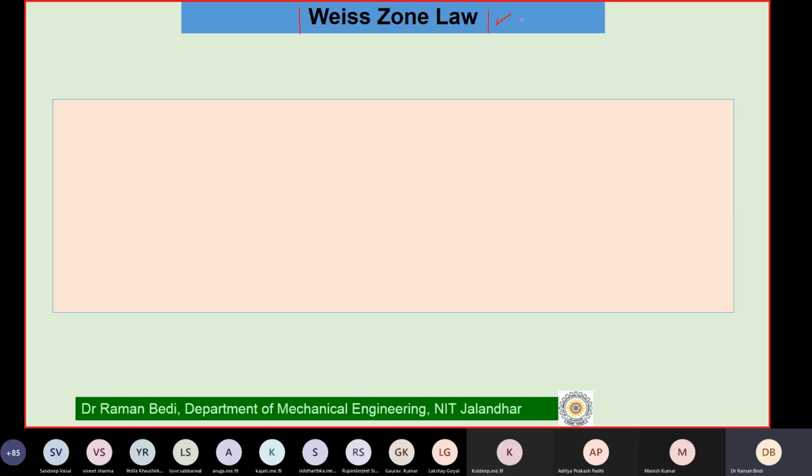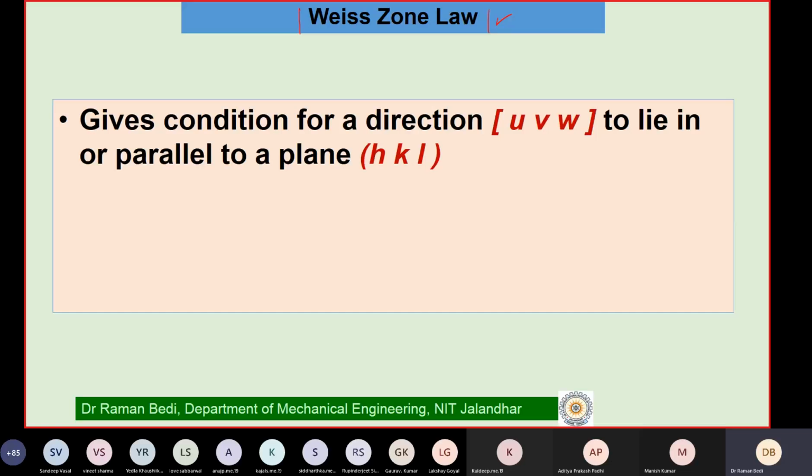What is its implication and application will come later. But the Weiss zone law simply says that if I have a plane which has the indices HKL and a direction which has the indices UVW, and I want to conclude whether this direction UVW lies on the plane HKL, the necessary condition is that HU plus KV plus LW must be equal to 0.